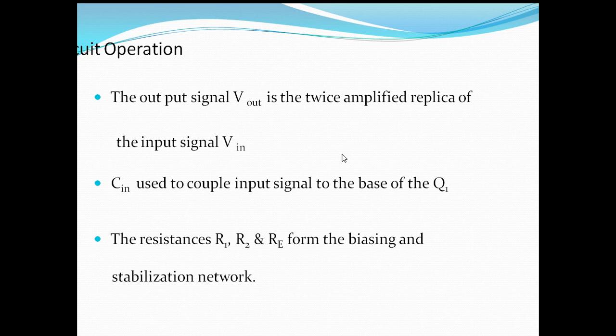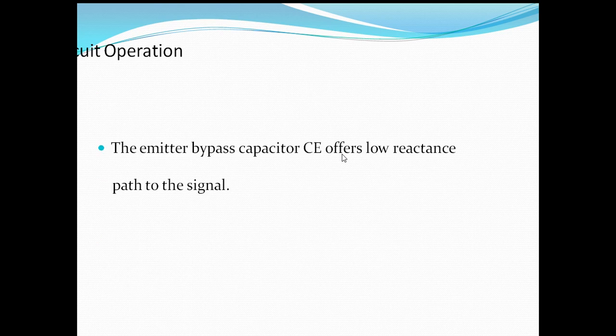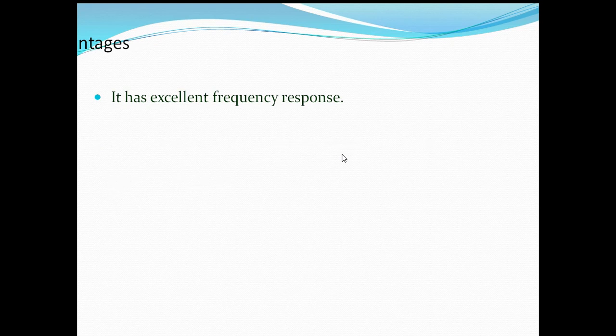Just now I told you R1, R2 provide the required biasing to operate the transistor in the active region, whereas Re and Ce, that is the bypass capacitor, provide the bias stabilization, that is, keep the operating point constant. The emitter bypass capacitor Ce offers a low reactance path to the signal.